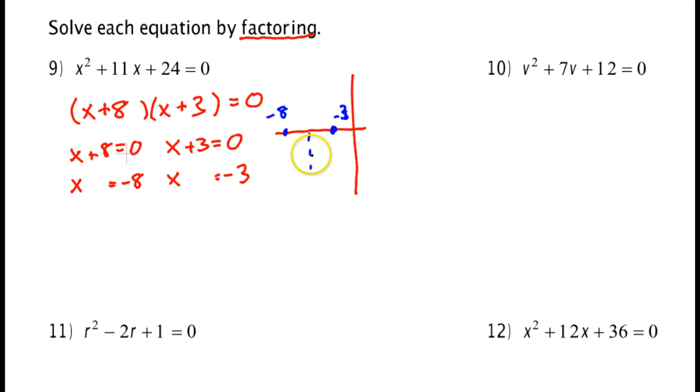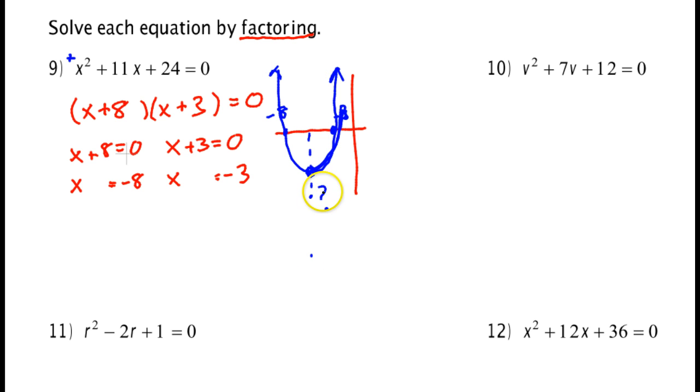We know it's in the exact middle, but we don't know if the vertex is way down here or up here. I do know it's opening upward because this is positive, but that's the downside. So I'm just going to estimate that way. I don't know where the vertex is, though.